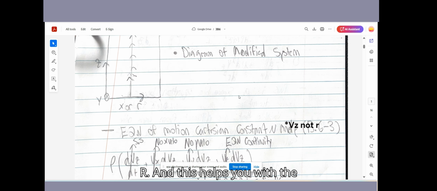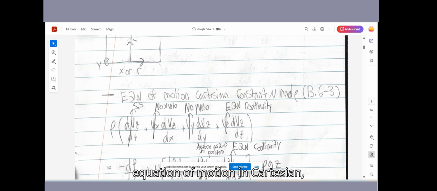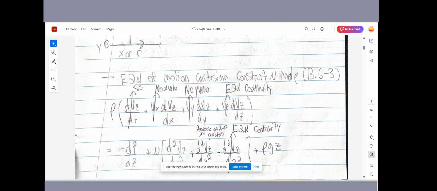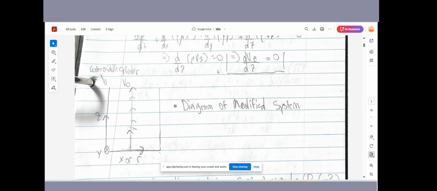This helps you with the equation of motion in Cartesian, because you've got no x velocity and no y velocity, and this derivative is canceled because dvz/dz equals 0.